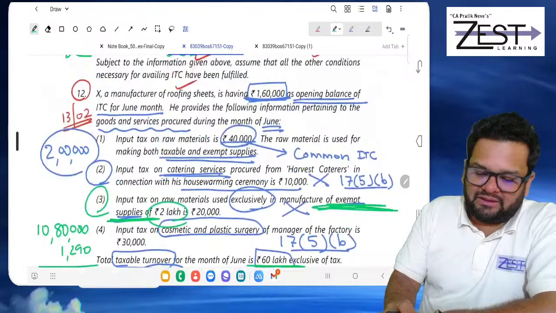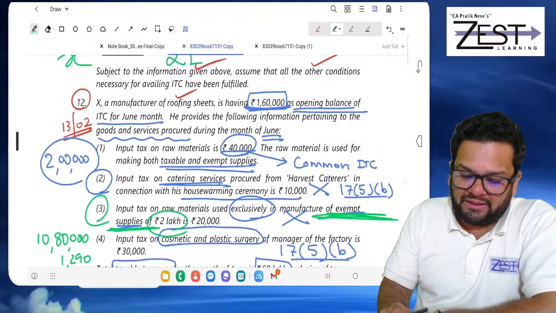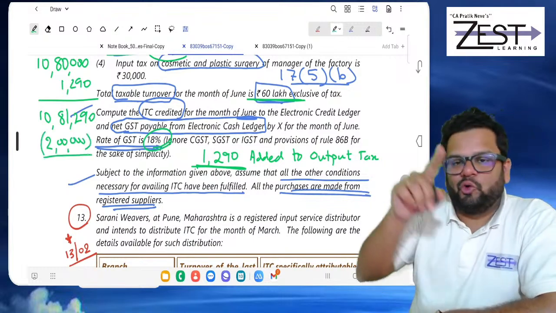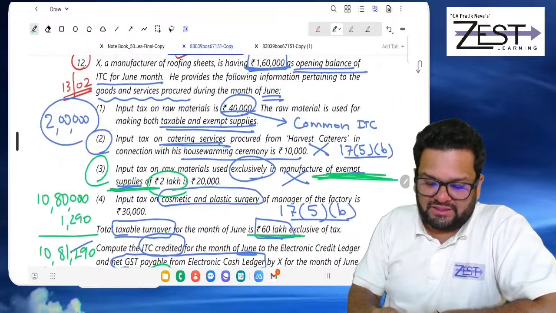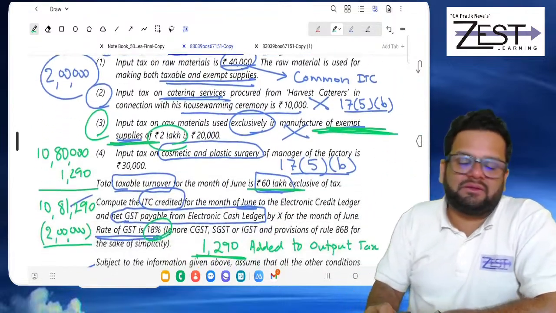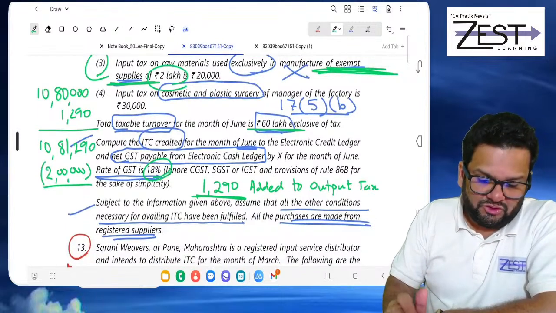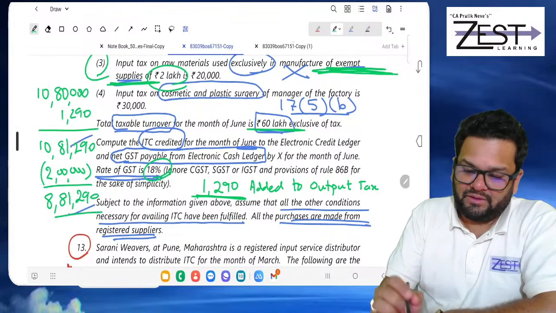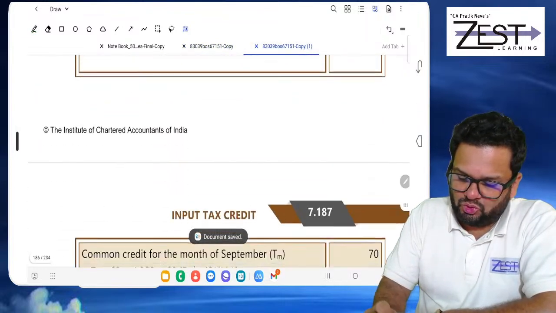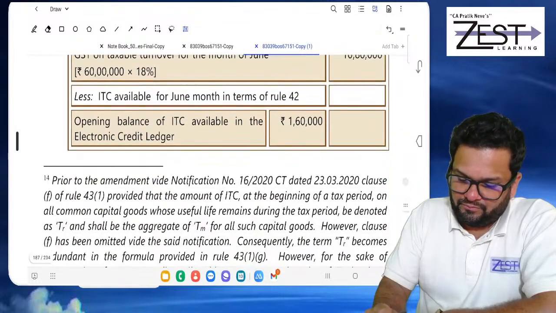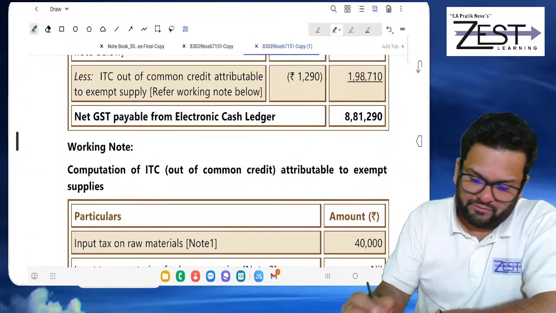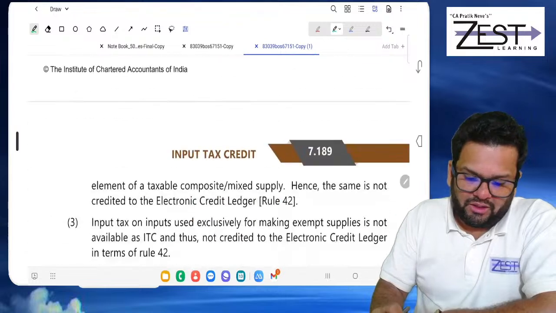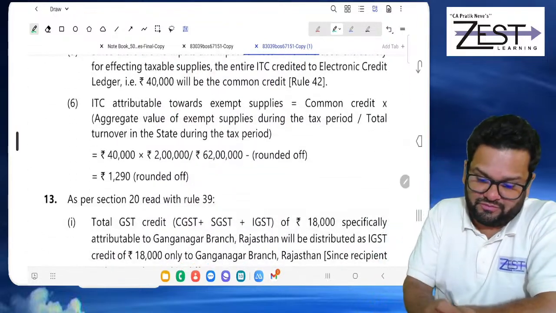From this 10 lakh 81,290, you will minus 2 lakhs. Which 2 lakhs? Opening balance 160 plus ITC for the month 40,000. So your net GST payable will be 8,81,290. Did you all get 8,81,290? Check. Did you all understand?